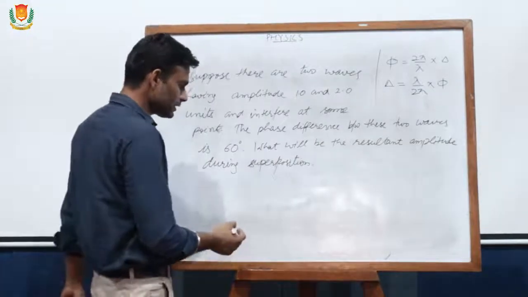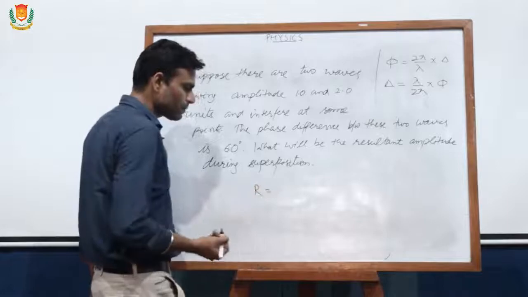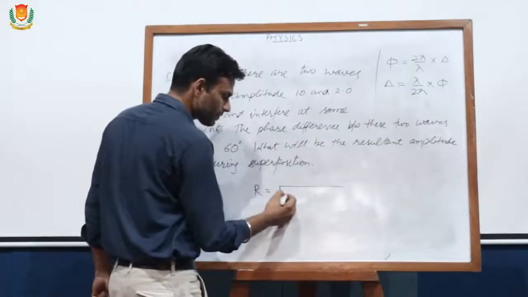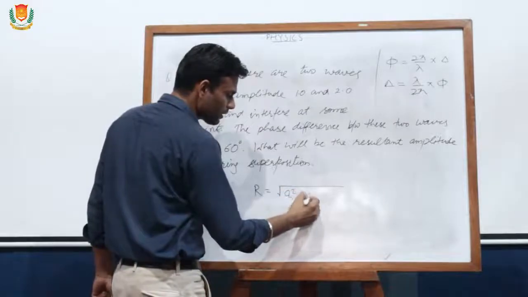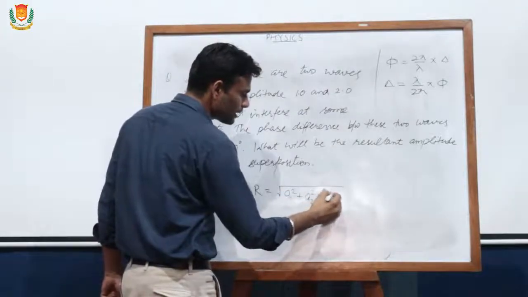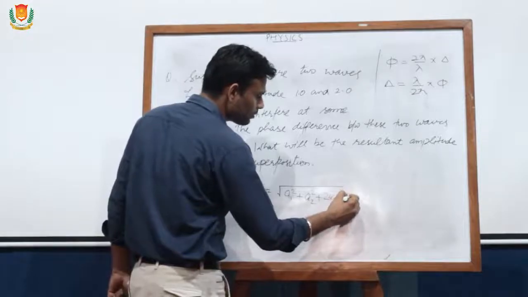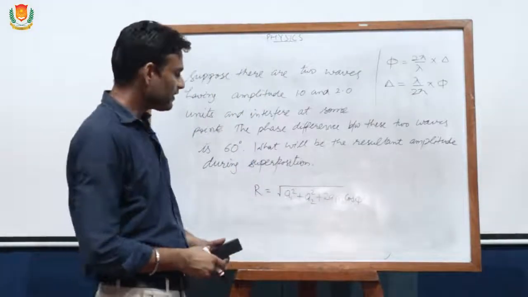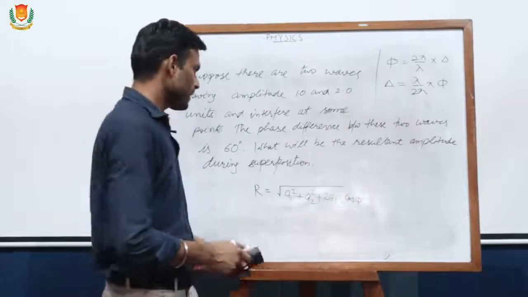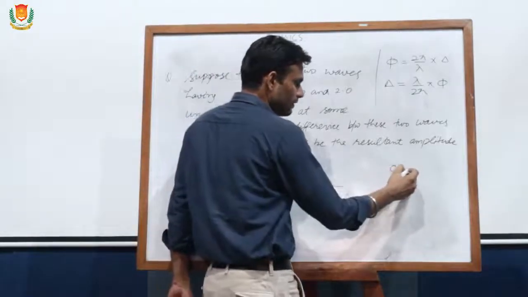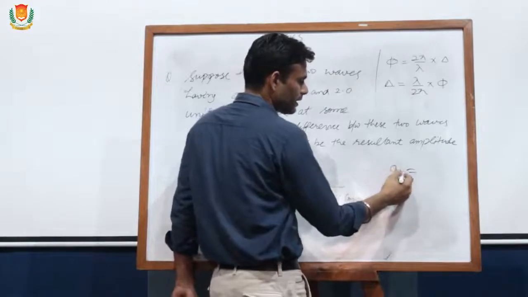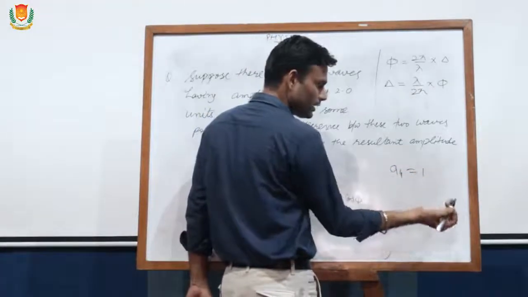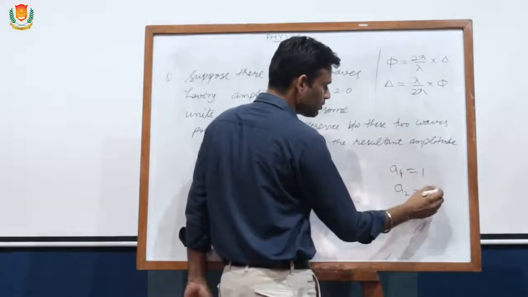We know the formula for resultant amplitude: R is equal to square root of A1 square plus A2 square plus 2 A1 A2 cos phi. Here A1 and A2 are the amplitudes of the two waves and phi is the phase difference. Given here A1 is 1 unit and A2 is 2 units.